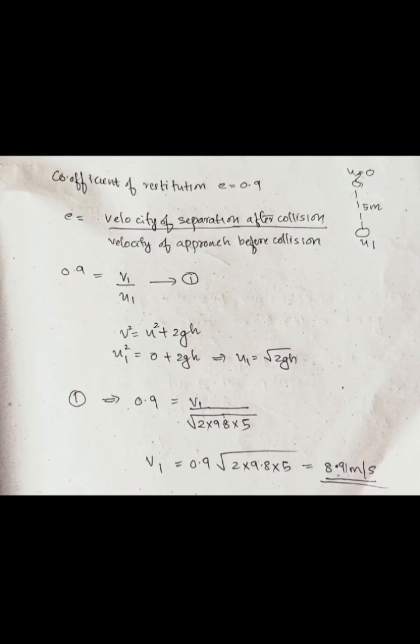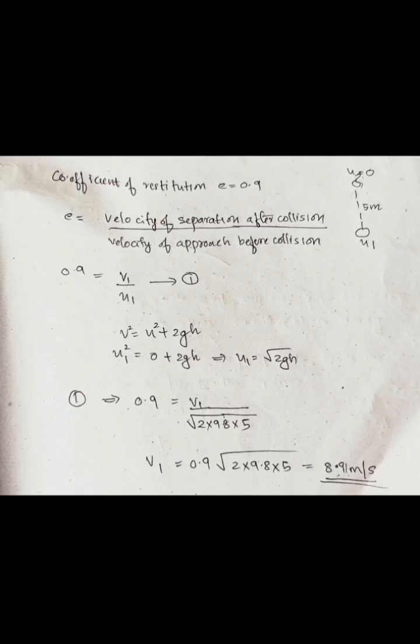Initially u is equal to 0, and when it is dropped, the velocity is u1, so we can write u1 square is equal to 0 plus 2gh, that is u1 is equal to square root of 2gh. So equation 1 implies 0.9 is equal to v1 divided by square root of 2 into 9.8 into 5, because g is taken as 9.8.